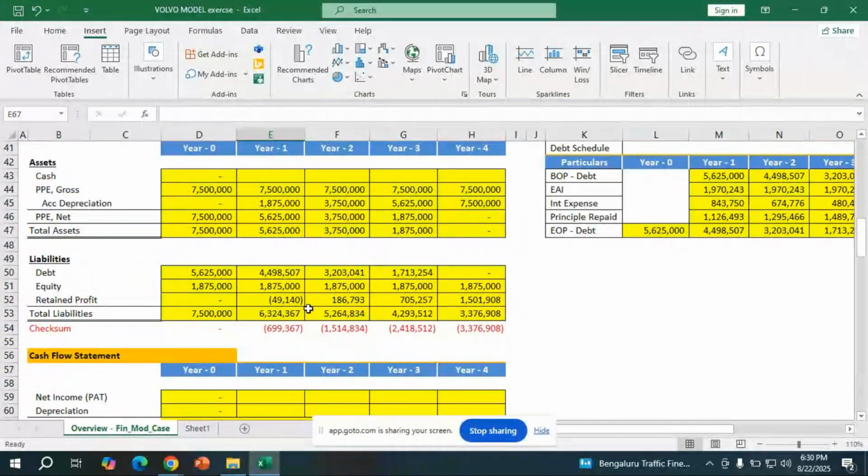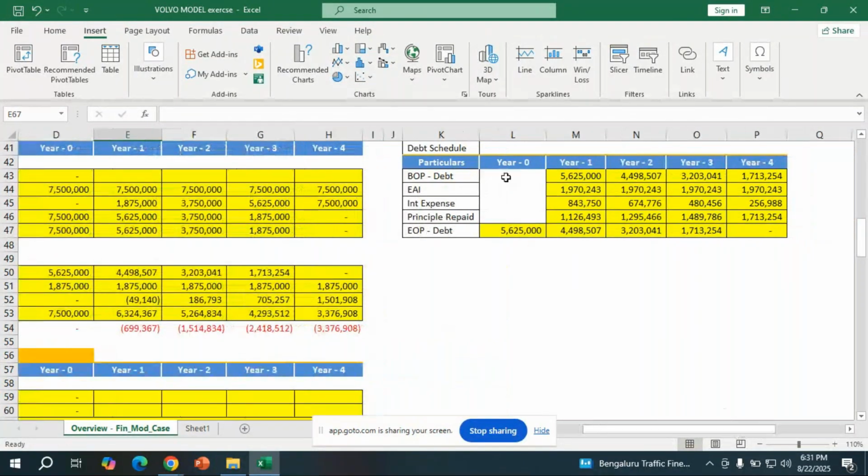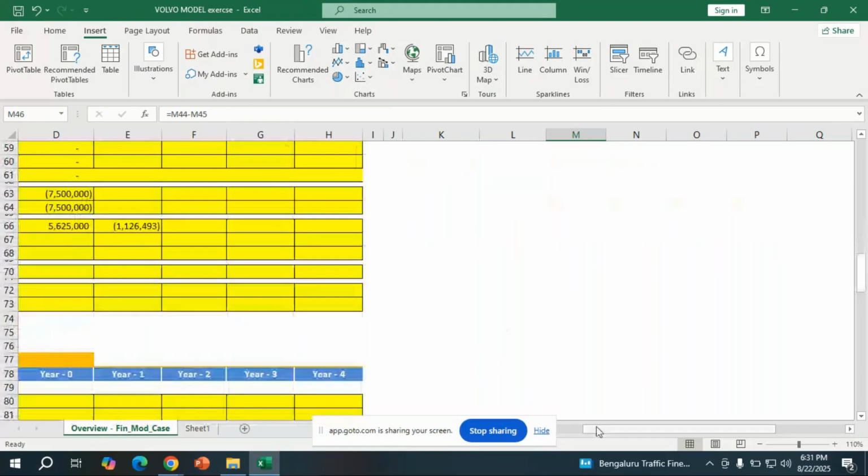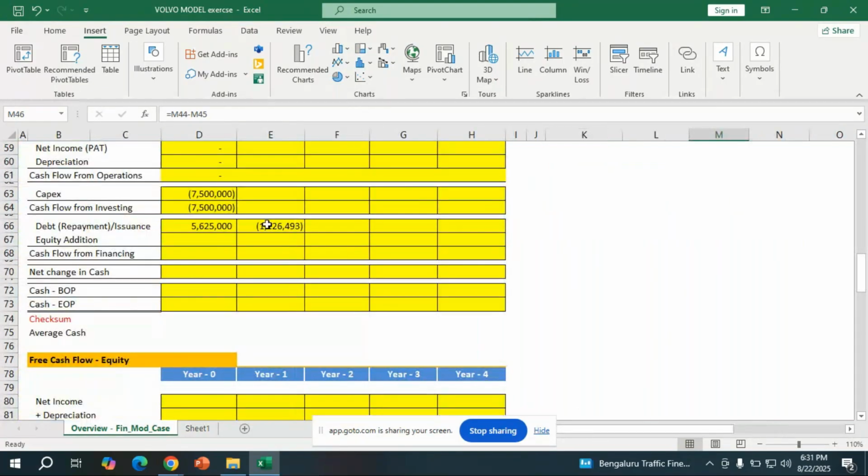If you can observe, you can check this table which we have here. In year 0, if you check your debt schedule, 56 lakh 25,000 is the opening balance. In that, how much principal is repaid? 11 lakh 26,493. So the closing balance of debt on year 1 is 44 lakh 98,507. So the principal being repaid is put up here as the debt repayment for you.